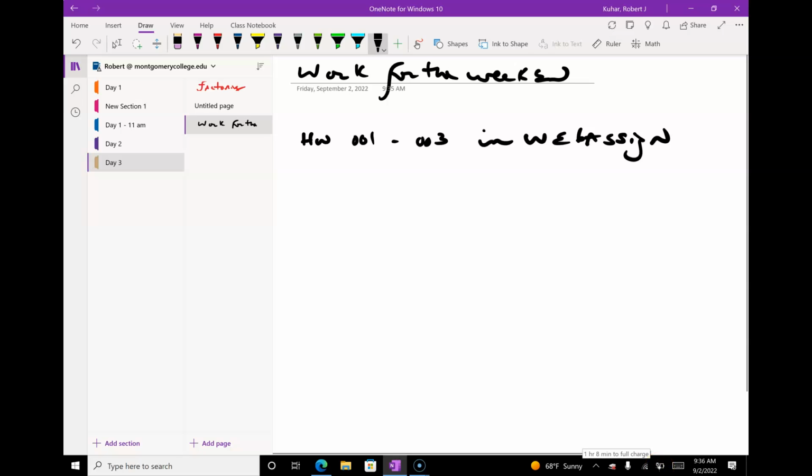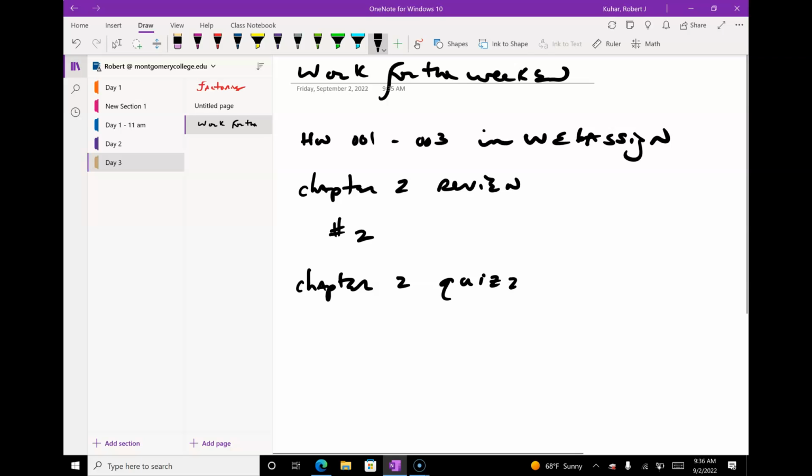We are doing chapter 2 review, number 2. And we are doing chapter 2 quizzes, anyone that looks like what we've been doing with a conjugate, with a polynomial, with fractions within fractions.